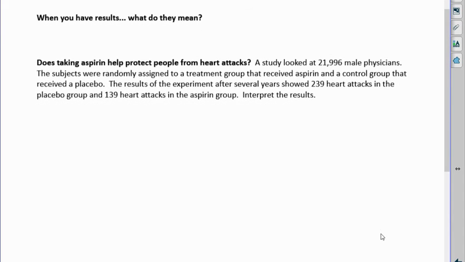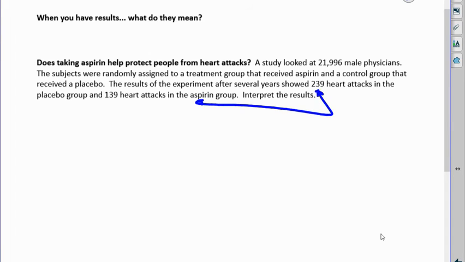Okay, and so when you get your results, what do they mean? If you're trying to see if something is actually significant, I'll just tell you that I did run a significance test on this.